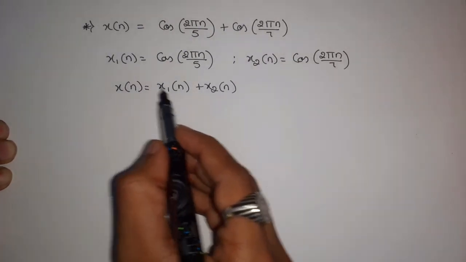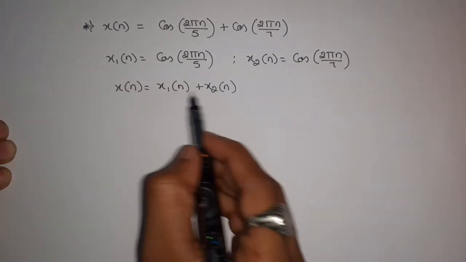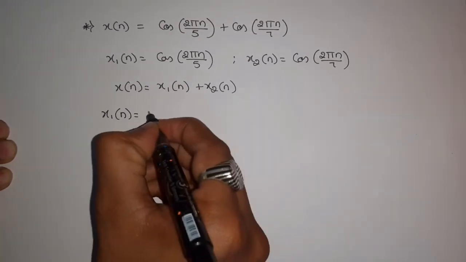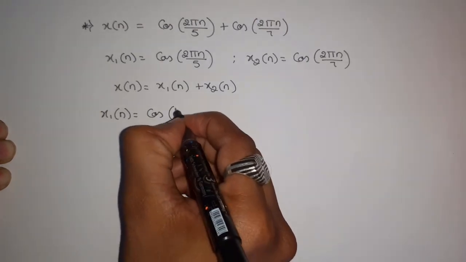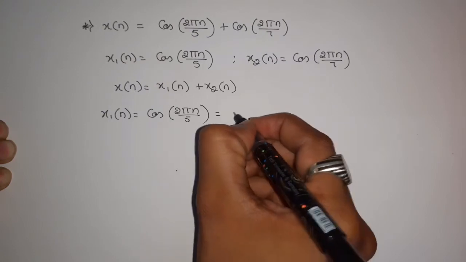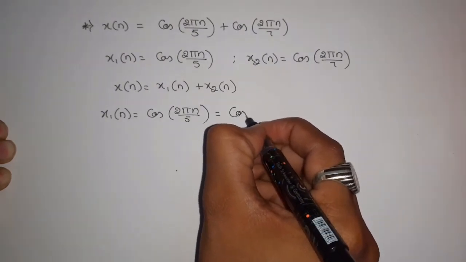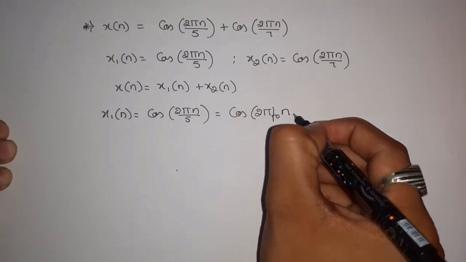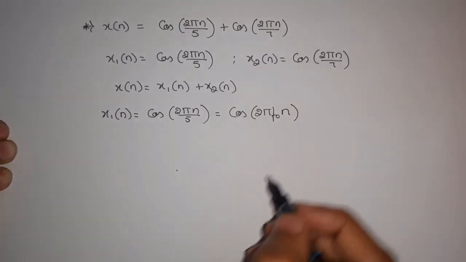Now we need to find the periodicity of the individual signals first. x1 of n is equal to cos 2 pi n by 5, which we are going to compare with our fundamental equation cos 2 pi f naught n.